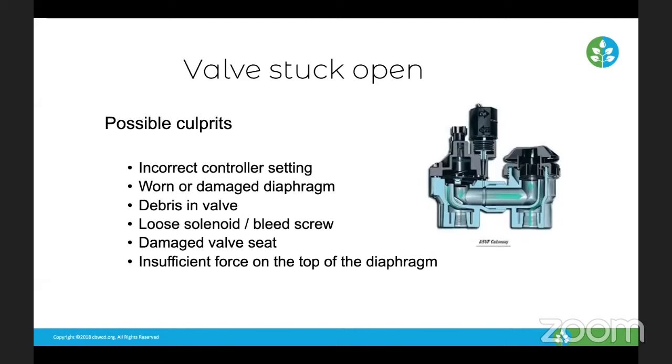Valve stuck open is like when you're driving around your town and you see the sprinklers running at 12 o'clock and it looks like the Bellagio, with water flowing everywhere. That's probably somebody with a stuck open valve.